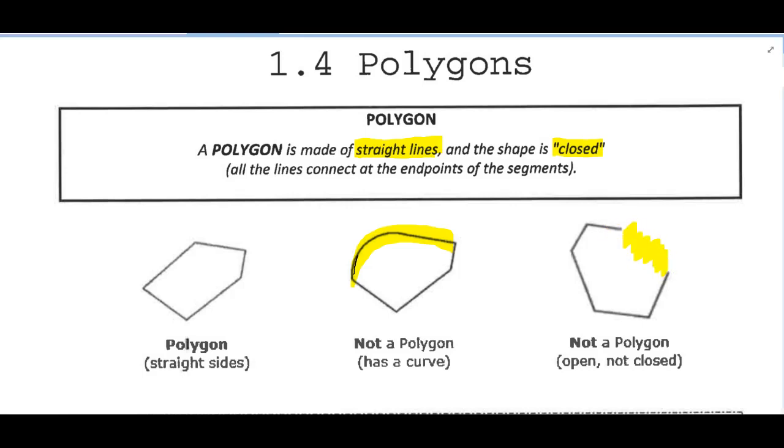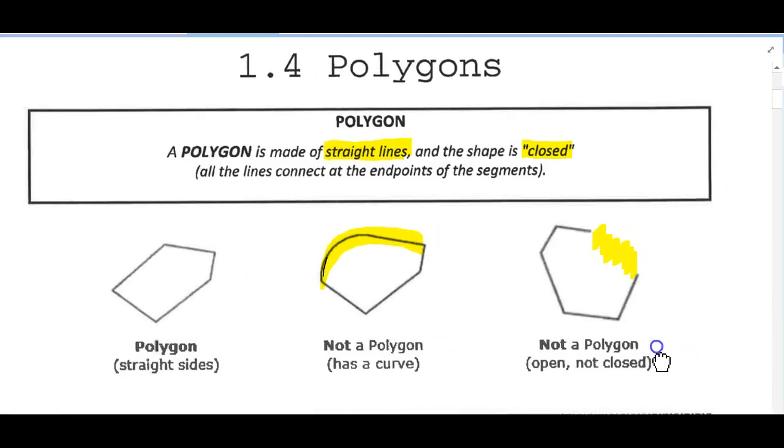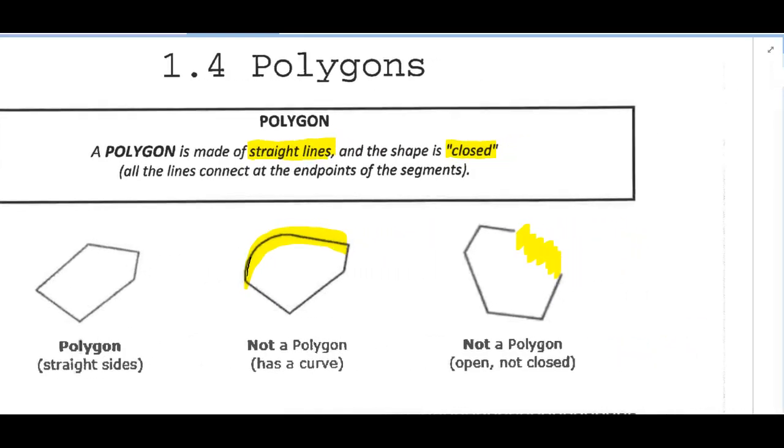And then all lines connect at the endpoints. So a non-example for that might be something that looks like this. So straight, and this is straight, and this is straight. But now if I go like this, and then like that, it is made of all straight segments.